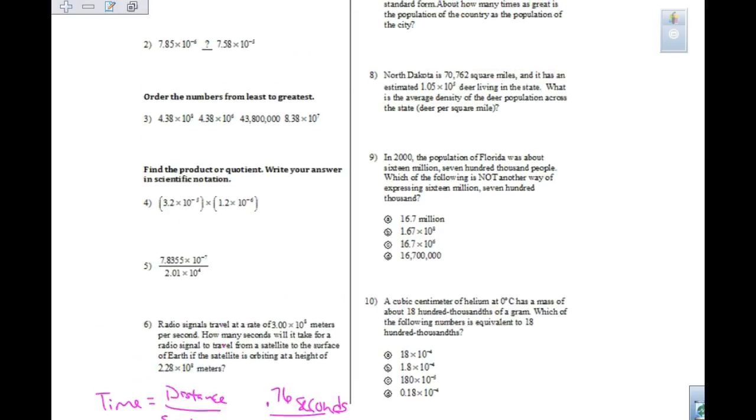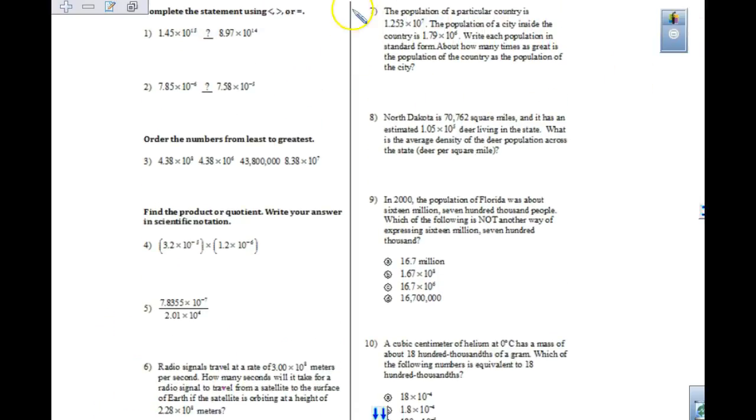I want you to look at question number 7. Number 7 says, we have the country and then we have the population of a city. And it said, how many times as great? What operation are we talking about for how many times as great? We are talking division.